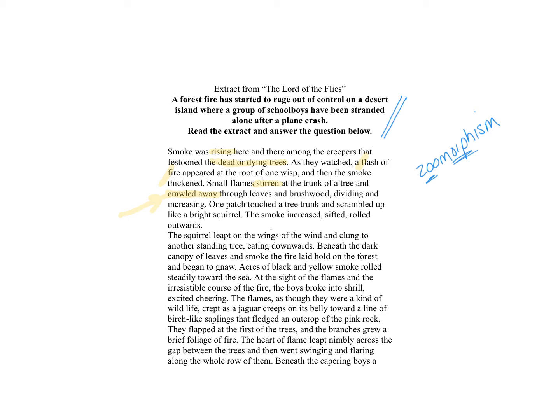So you're looking at the presentation of the fire, and then you get, it touched, it scrambled up, simile, like a bright squirrel. Ask yourself exactly why, in this circumstance, is this fire like a squirrel? Okay? You're not going to go down the lines of it's eating nuts and it's planning to hibernate for the winter, right? You're going to think it's lively, it's energetic.